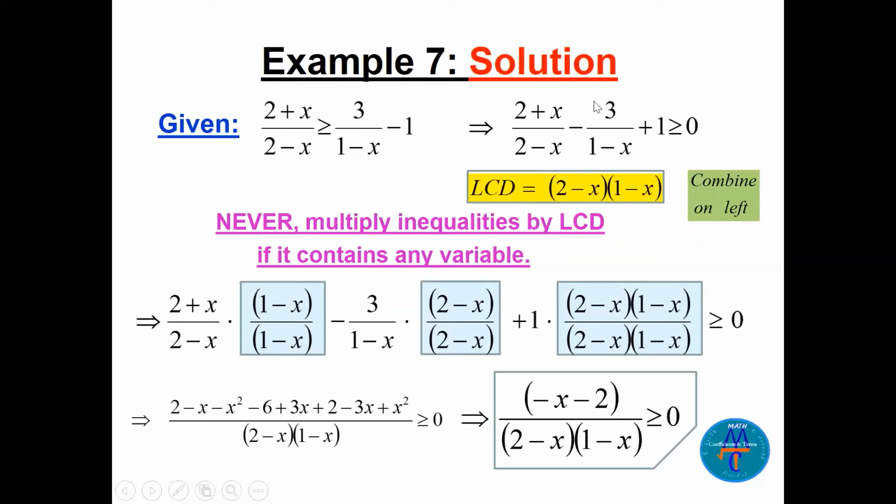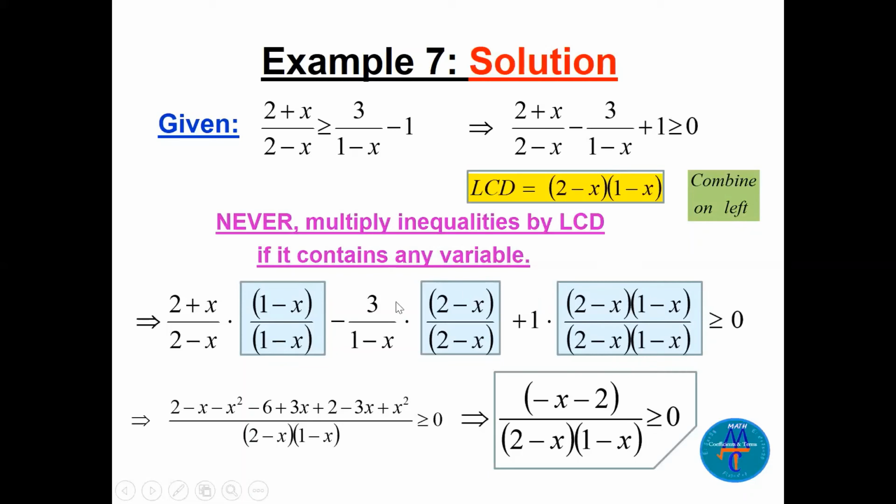So instead, we take all this, see all this, rational expressions, and we combine the fractions. So we use the LCD, (2 minus x)(1 minus x). The first one we multiply by 1 minus x up and down. The second one we multiply by 2 minus x up and down. And the one here we multiply by the LCD.